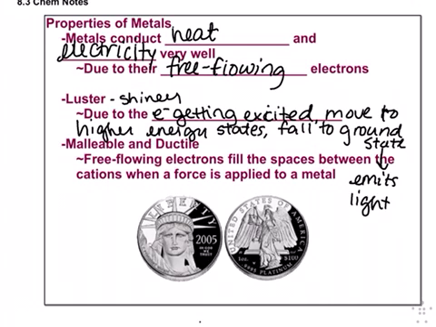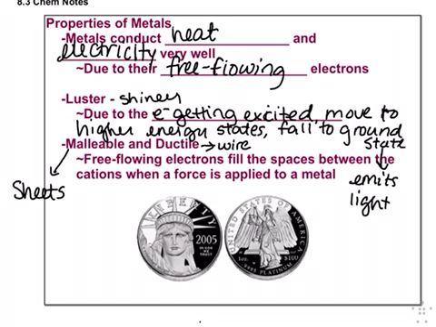Another characteristic of metals is malleability and ductility. Malleable is the ability to be hammered into sheets, like aluminum foil or tin foil, and ductile is the ability to be stretched into wires, such as copper wire. This is able to happen because the free-flowing electrons will fill the spaces between the cations when a force is applied to a metal.